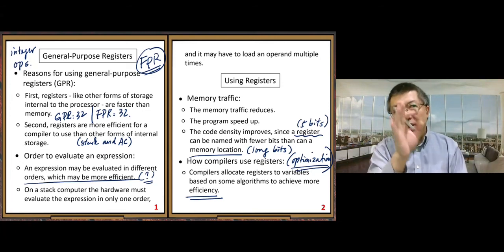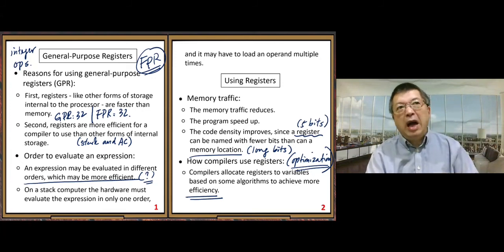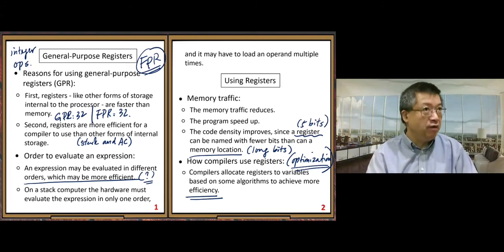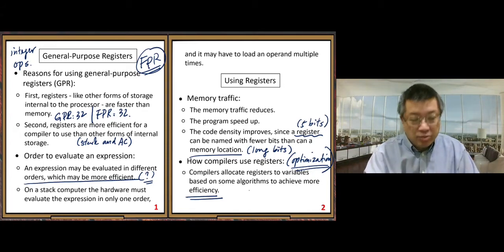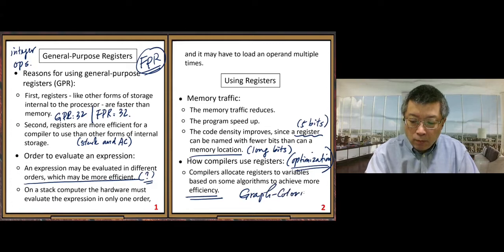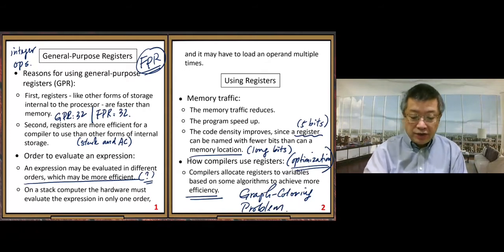But what is the optimal way? That problem is actually pretty hard to solve. Solving that problem corresponds to the graph coloring problem. I hope you know the graph coloring problem. It is a very difficult problem, NP complete.